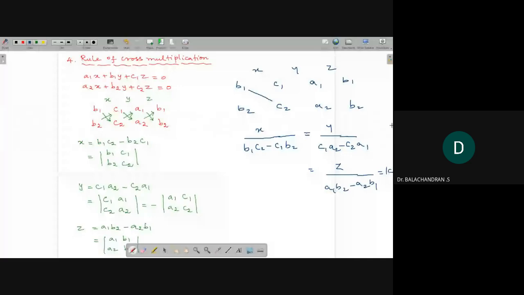I use this idea when I am finding the eigenvectors of the given matrix.